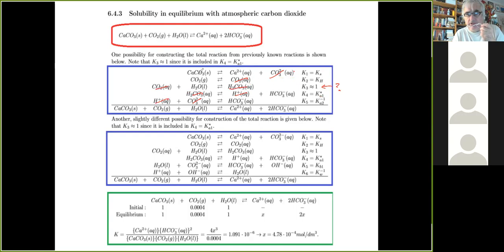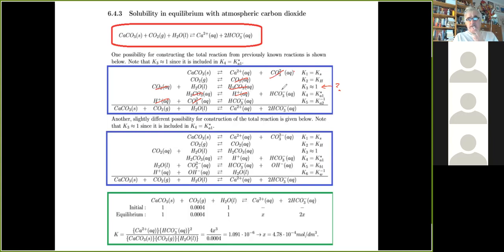Now, what's left here is described by this equation down here. Since we composed it of 5 different equations or equilibria, the equilibrium constant is the product of these 5 individual equilibrium constants.